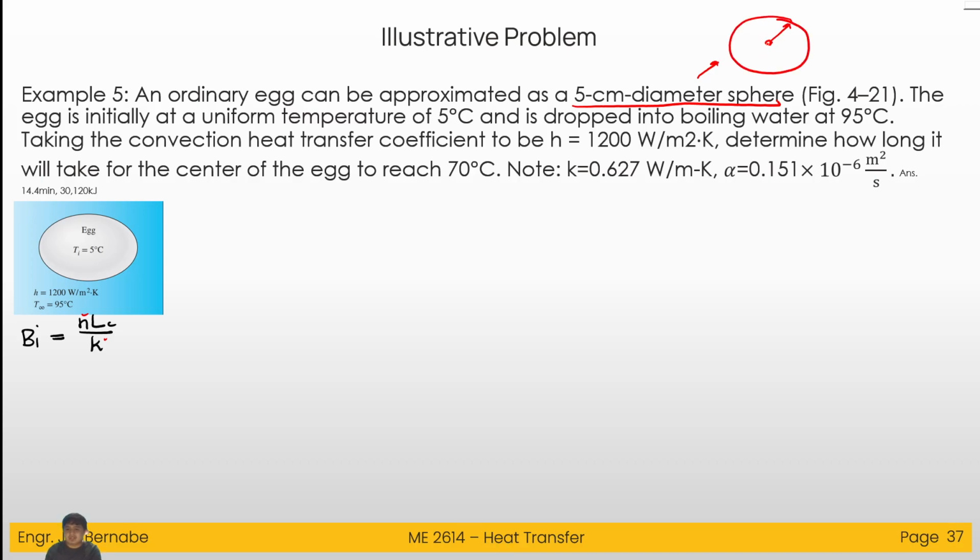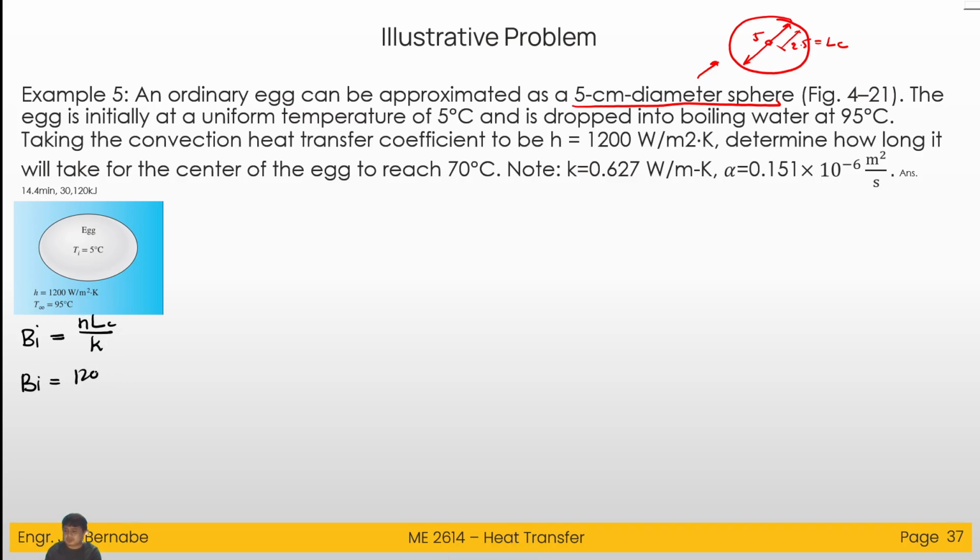You have a diameter of 5, so the radius here is 2.5. So remember that the characteristic length will always be the radius for cylinders and spheres if it is given. So we now can find the Biot number.